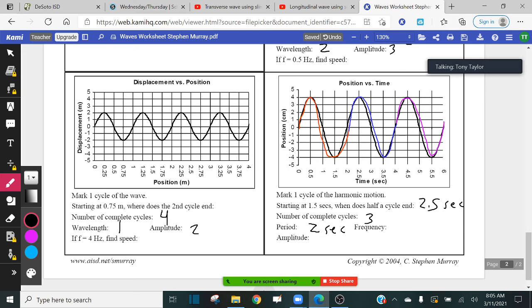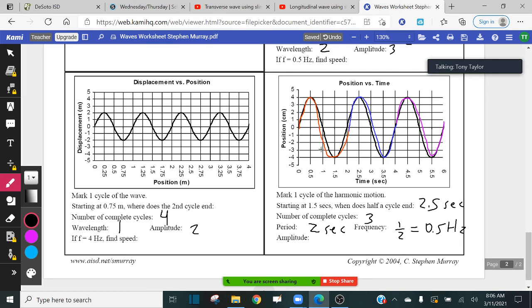Now, if the period is 2 seconds, what is our frequency? Frequency just means 1 divided by the period. So 1 divided by 2 is equal to 0.5 hertz.